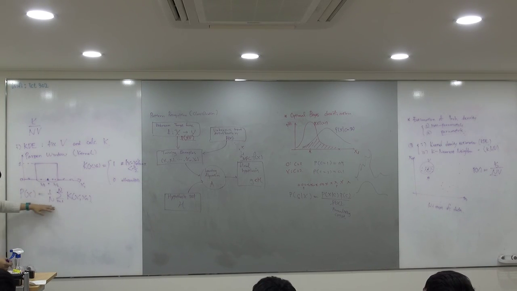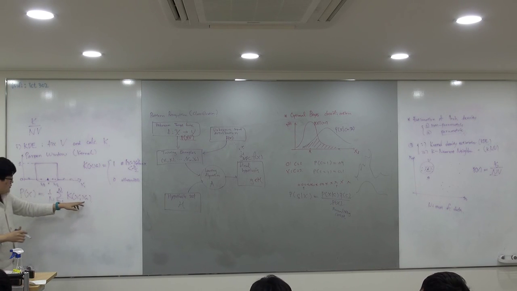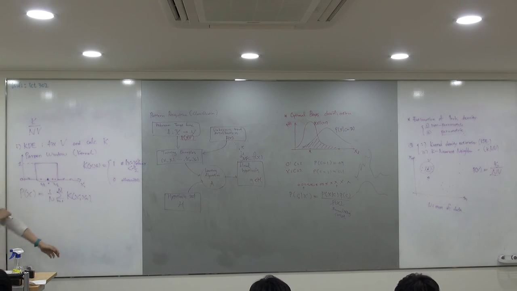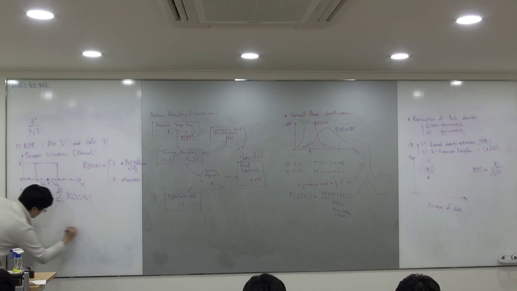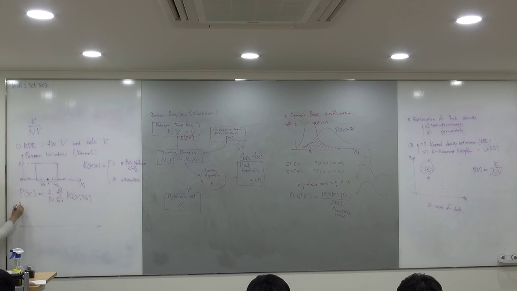And you can consider this same equation from the x_n point of view. Here I used the x point of view, but if you consider it from the x_n point of view, then your whole distribution P of x is like this.